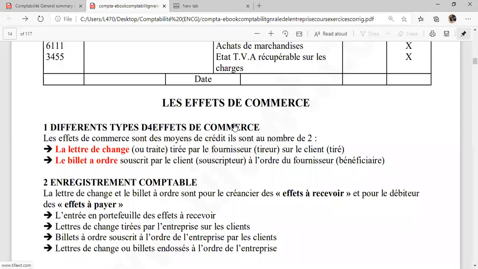Let's say someone buys goods on credit and he's a first-time client, so you don't really have trust that he will repay at the date required. So you ask them for an effet de commerce, or if they know of the initiative, they ask you if they can write one to you.